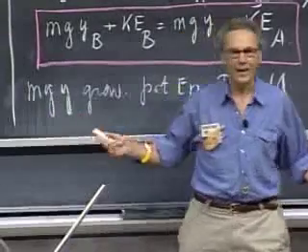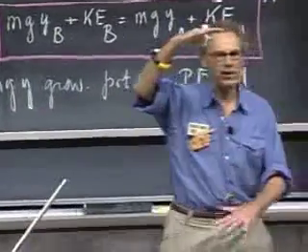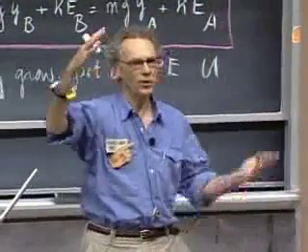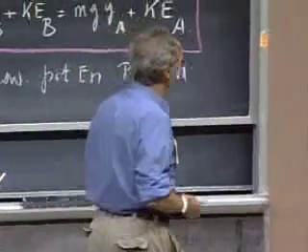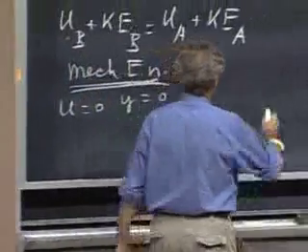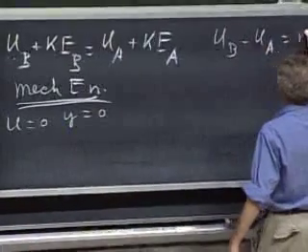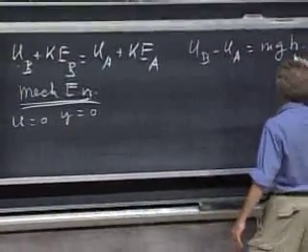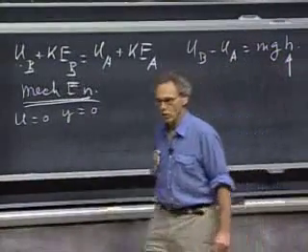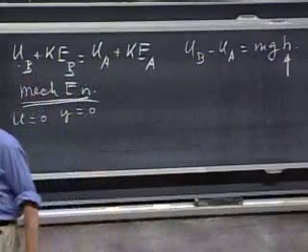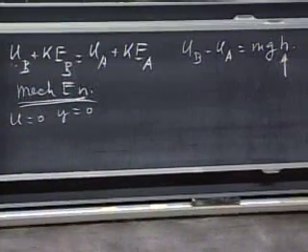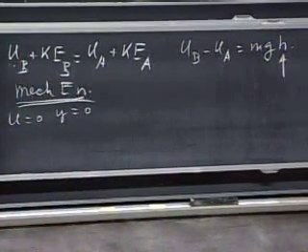The only thing that matters then is how far they are separated vertically. The only thing that matters is that ub minus ua would be mgh. It is only the h that matters. And so you can then simply choose u zero anywhere you want to.